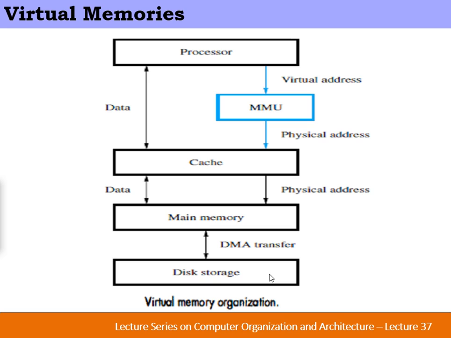It will be brought from the secondary storage to the main memory, and this transfer is done by using a DMA mechanism. So this is the virtual memory organization. MMU is the main component for conversion of this address. The virtual memory concept is used in order to increase the size of the memory system.